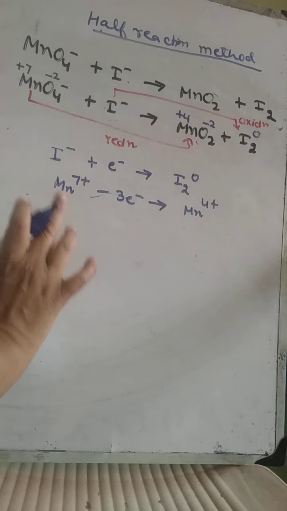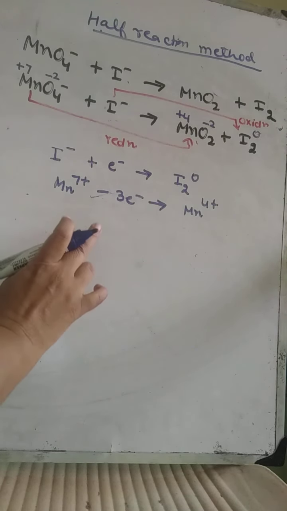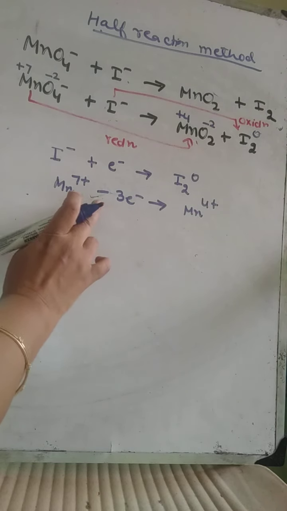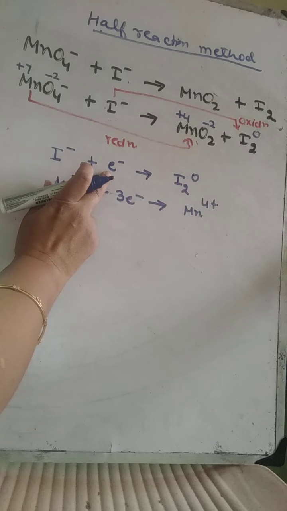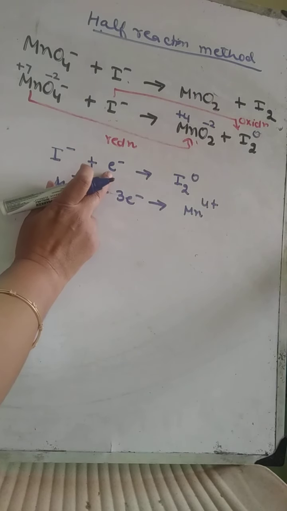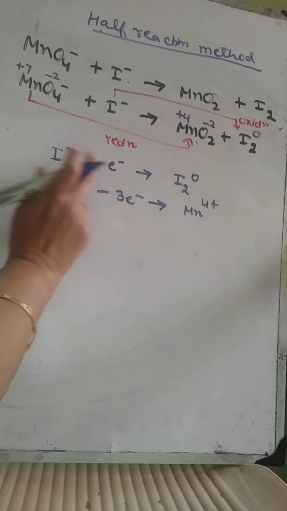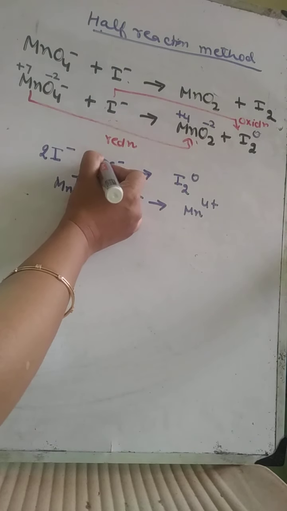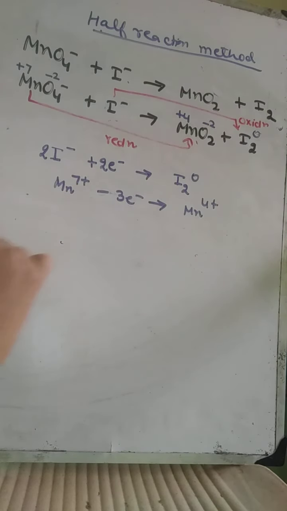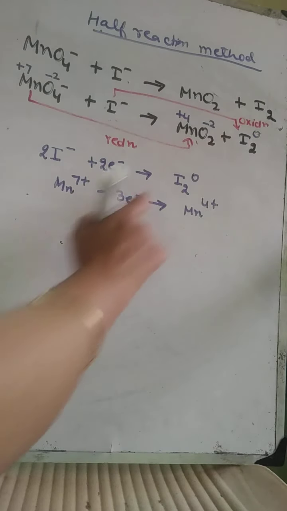Now our logical mind will tell us how do we balance 3 with 1. But here not 1 electron. Why? The thing is that actually not 1 iodine, 2 iodines are gaining 2 electrons to give you 1 iodine.